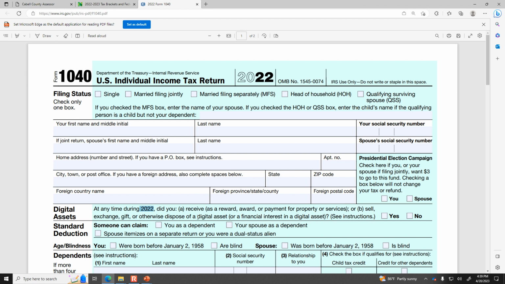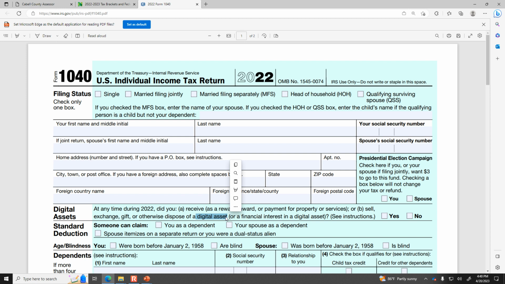And so they give you a definition of a digital asset. It basically means like NFTs? NFTs, yes. I was thinking exchange traded funds, but no, non-fungible tokens. Yes, NFTs or cryptocurrency is what they mean by digital asset.